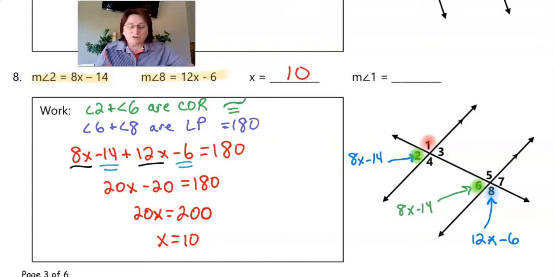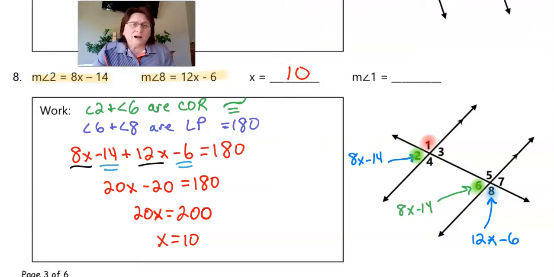I could say, angle 1 is next to angle 2, so I can find the relationship between angle 1 and angle 2. Or I can look at it and say angle 1 is outside the lines, and angle 8 is outside the lines. So what's the relationship between angle 8 and angle 1? There's a couple of different ways I can use to solve this particular angle measure.